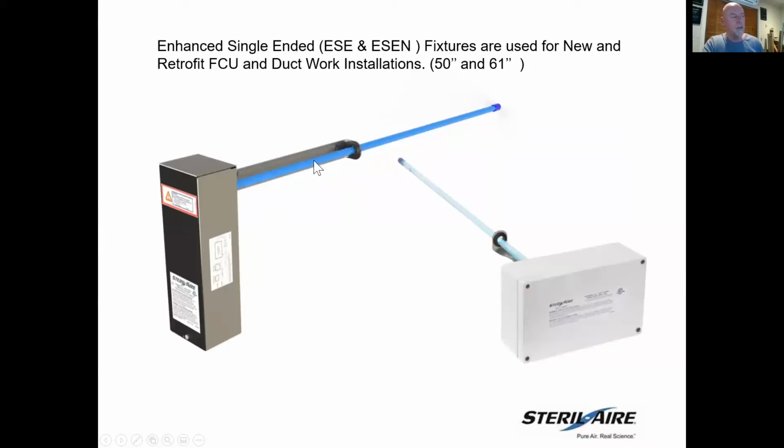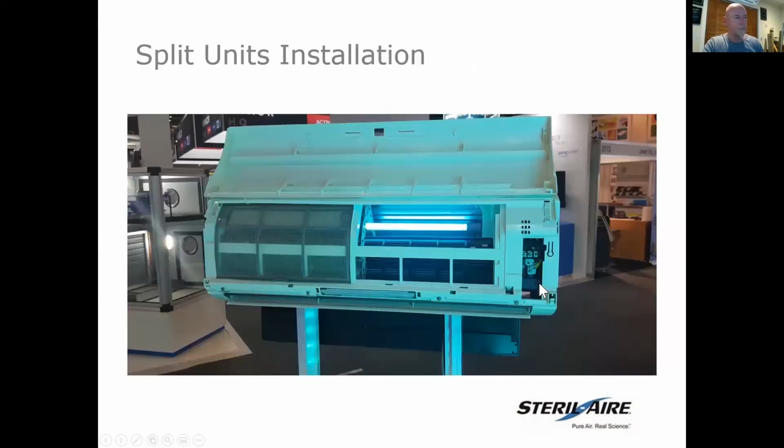So we can do it with this fixture that has a self-supporting arm on it. It allows you to just, again, mount from one end, drill in one hole, and the lamp gets supported by this extension arm. And again, that is available in a NEMA 4X IP67 waterproof version as well.